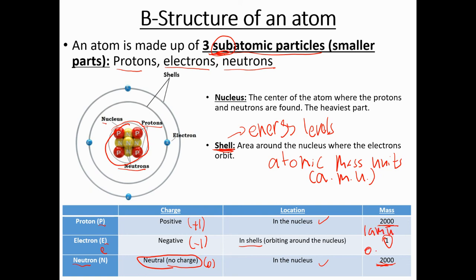The electron would be 0 atomic mass units. It's negligible. It's so light we don't even count it in the mass. And the proton would also be roughly 1 atomic mass unit. And so when we go and try to find the mass of a single atom of something, we just look at the number of neutrons and protons that it has, and we're going to take a look at how to do that later on.